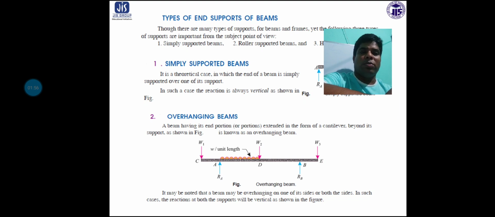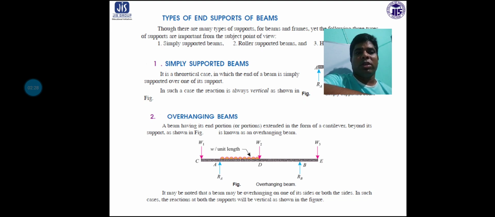So there is one beam and two supports, that means RA and RB acting in the upward direction, and two loads are acting: W1 at point C and W3 at point E, and in the middle of these two points, one load is also applied, and that is W2.